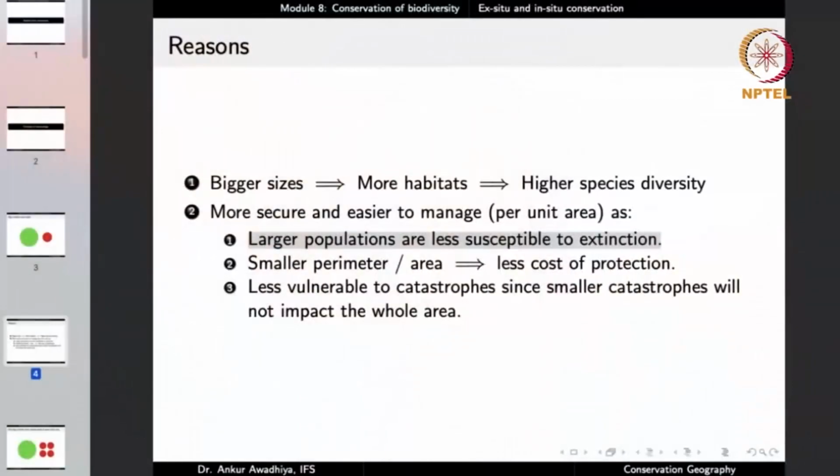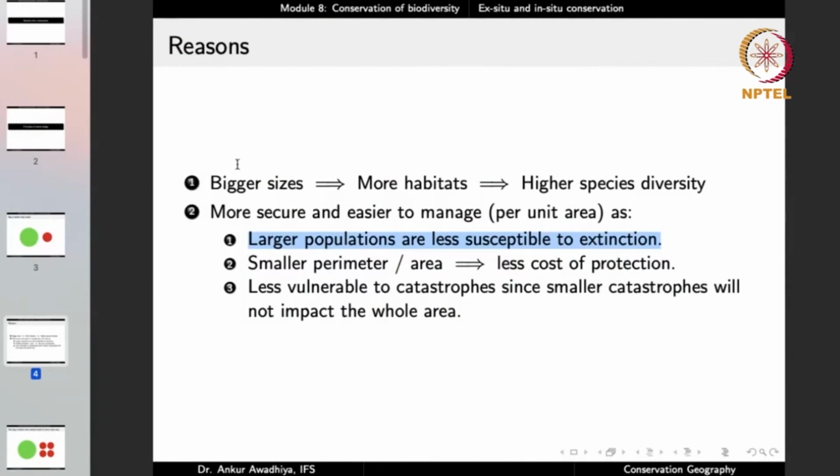Why? Because we will be having the declining population paradigm not acting here, and the small population paradigm will not be acting, because the population sizes will be sizable. They will be large, and so we will not have the small population dynamics acting in these populations. So there is a greater amount of security.